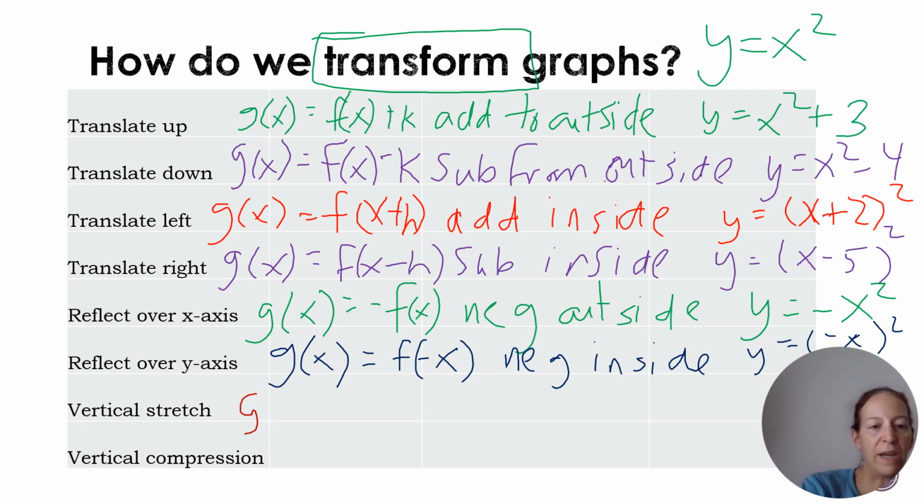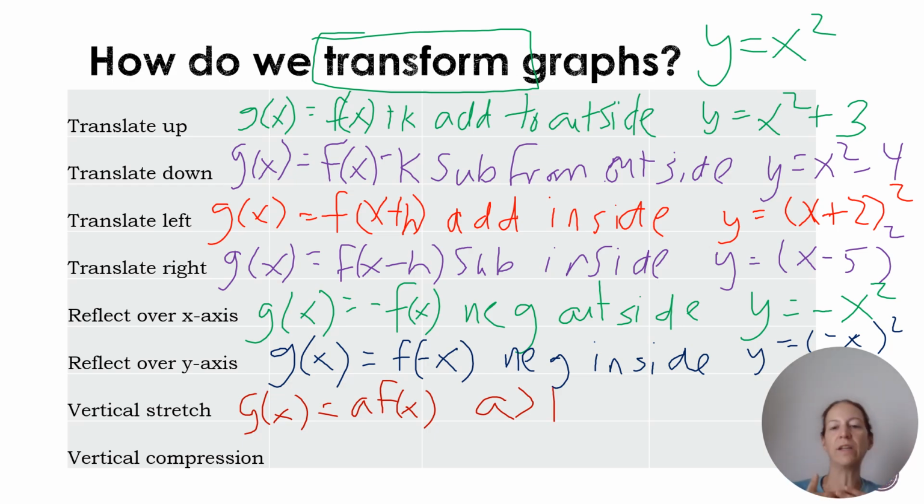The way that we do that mathematically is we multiply the function f of x. And instead of putting a verbal description there, I'm just going to say a is greater than 1, because the assumption is that if you just have y equals x squared, there's a 1 in front of the x squared.